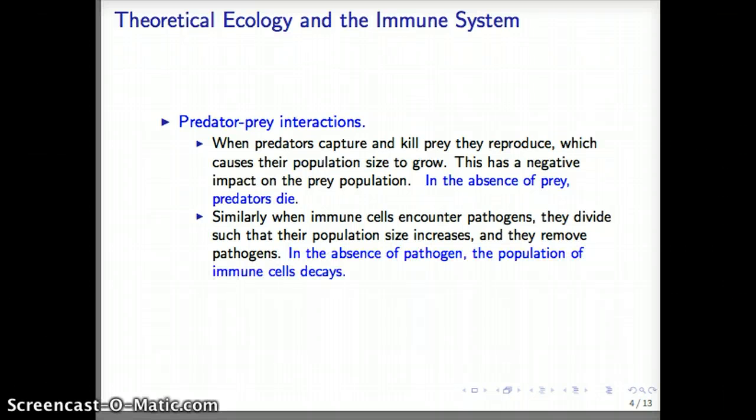So in the absence of pathogen, the population of immune cells would decay. They don't have really a reason, therefore, to expand or clone themselves, and once the mission is accomplished, the job is done, then they get cleared out. So this population would decay.